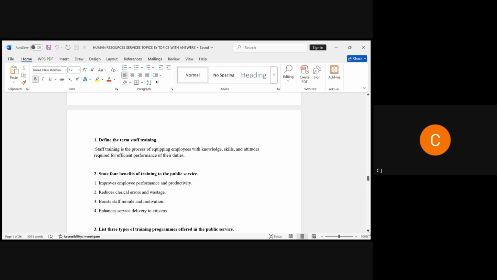Now, number 3. List 3 types of training programs offered in the public service. I said the first one was induction. That one is for orientation training. Another name is orientation training. The second one is on-the-job training, in-service training, refresher courses.